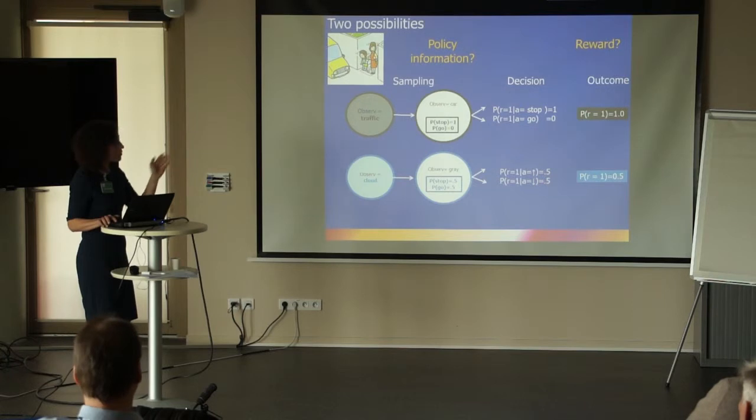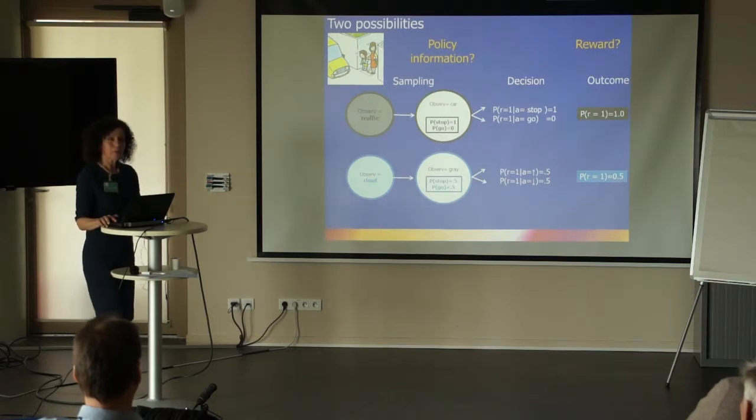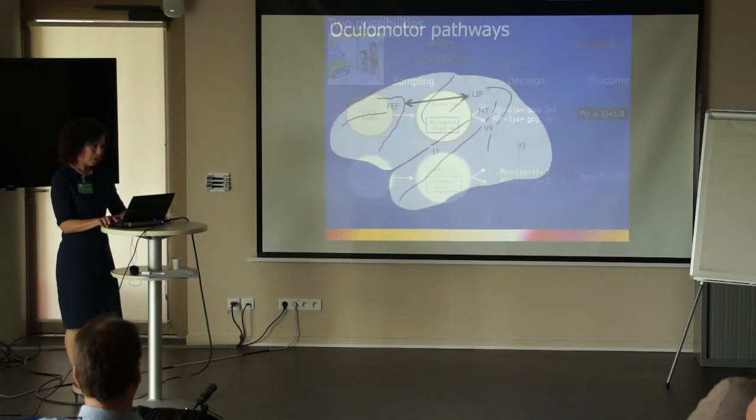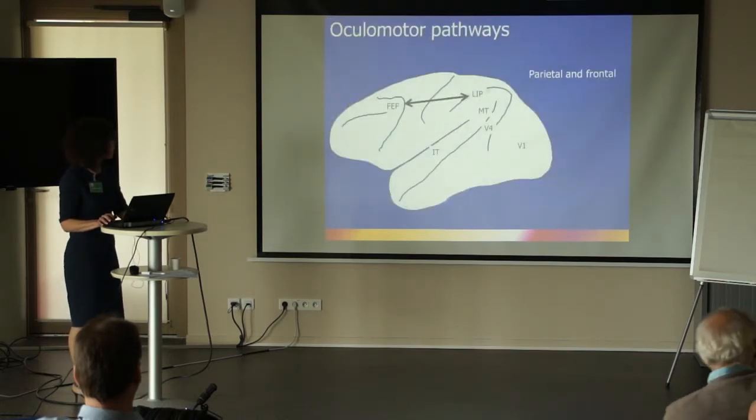So this is another factor. The brain could actually compute the reduction in uncertainty or the policy information that is associated with each stimulus, and that may be different from or additional to expected reward. All right, so this is the question that we'll examine.